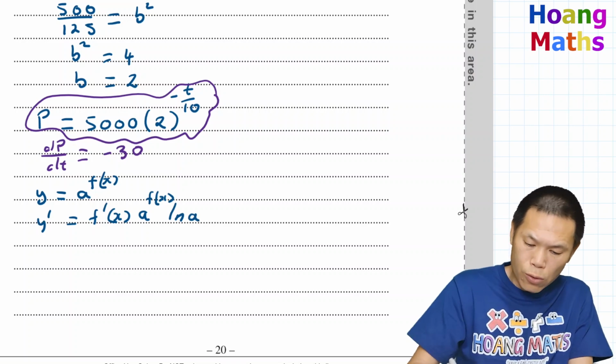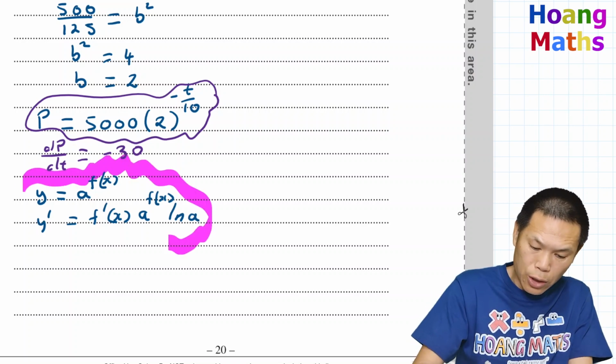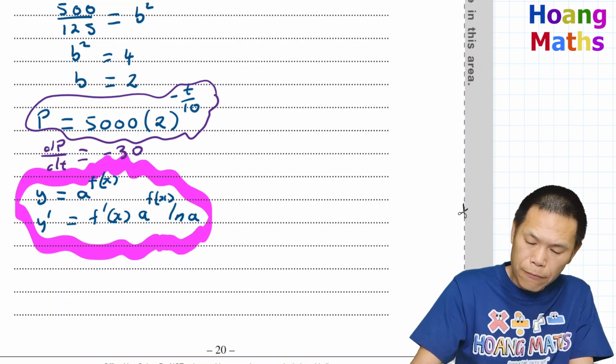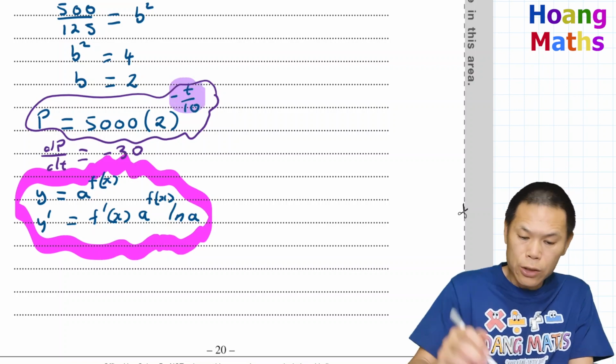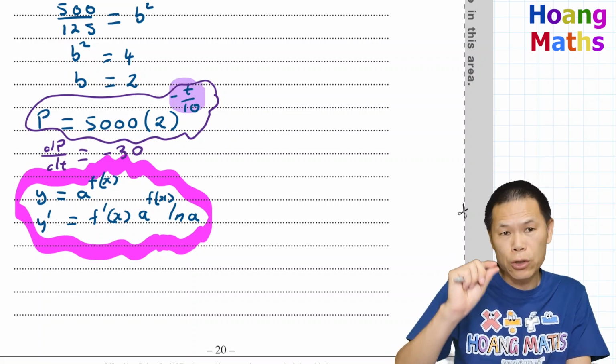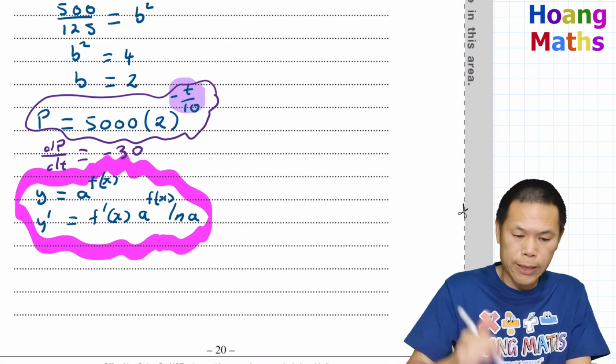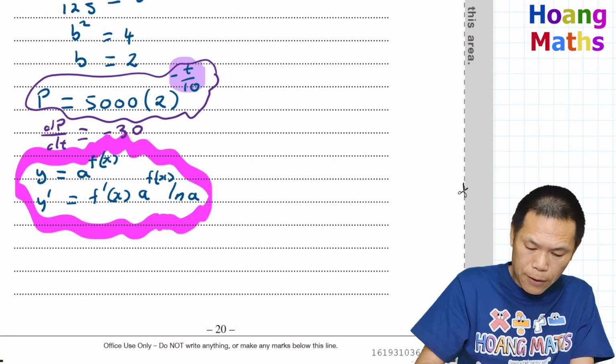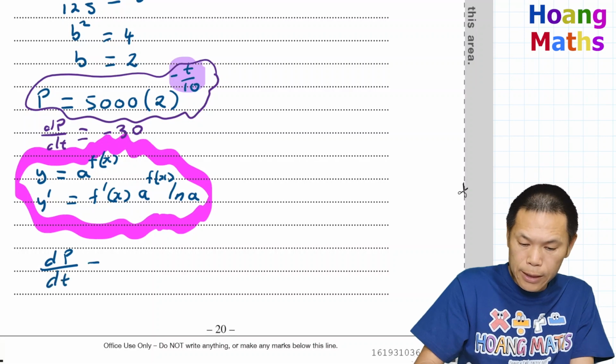Okay, this is the rule that we are going to use. So now we differentiate the function f of x first, negative T over 10. Differentiating that gives me negative 1 over 10. So therefore, let me just write dP/dT first. So dP/dT is equal to negative 1 over 10.